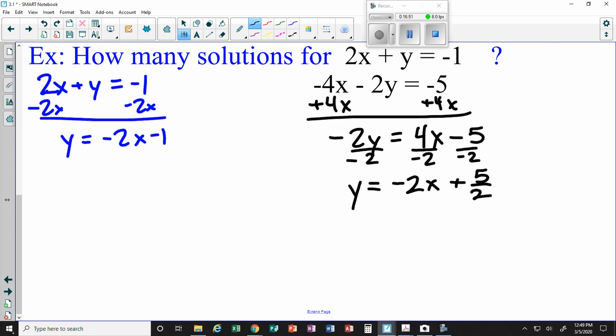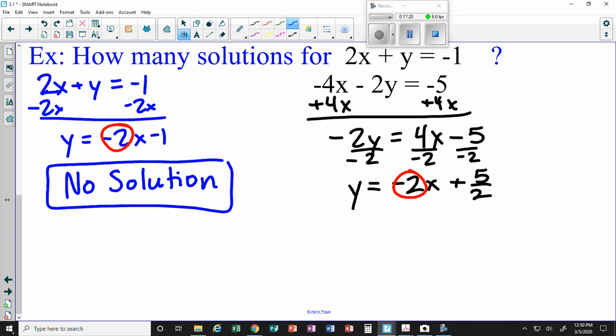They'll intersect because they have different slopes. Those have what? Same slope, but different y-intercepts, right? So this is the no solution case because these are the parallel lines. They have the same slope but different y-intercepts, so they will never intersect.